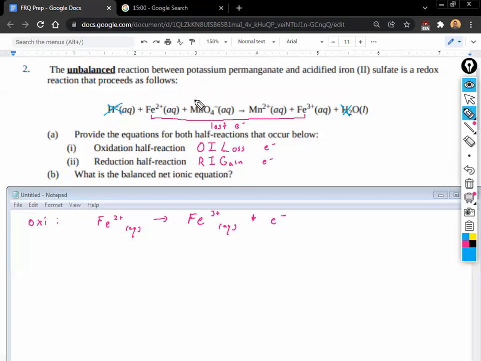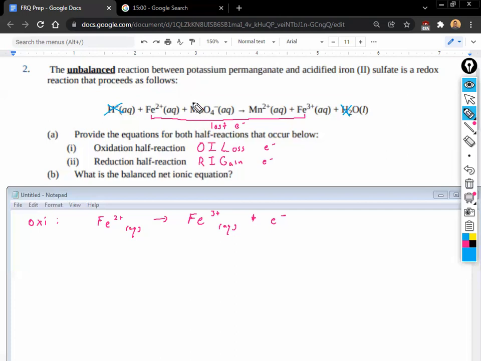We have manganese. I want you to take a second to calculate the oxidation number for manganese here. Is that manganate or permanganate? It's permanganate, sorry, but I meant just manganese.